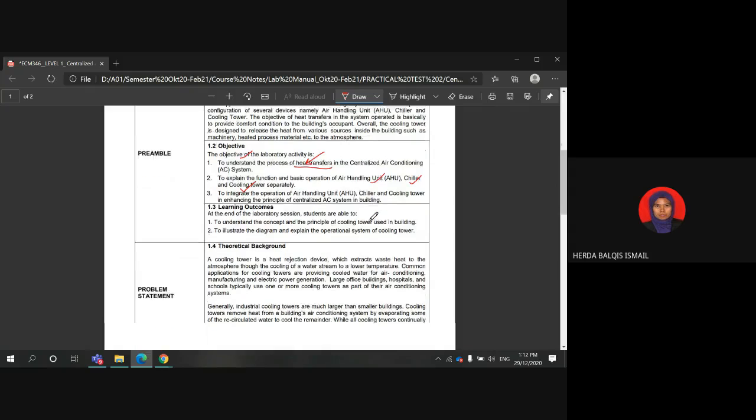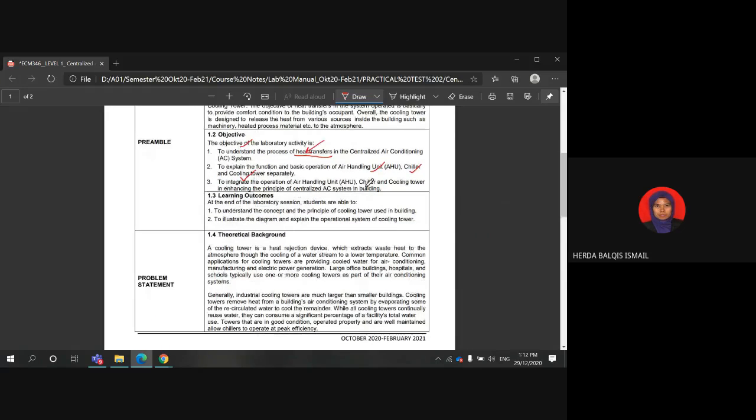And integrate the operation of these three components to form a centralized air conditioning system in a building. So how is the heat transferred from the air handling unit to the chiller, and from the chiller, how is the heat transferred to the cooling tower before the cooling tower rejects the heat to the atmosphere? Hopefully you can understand this concept of heat transfer.